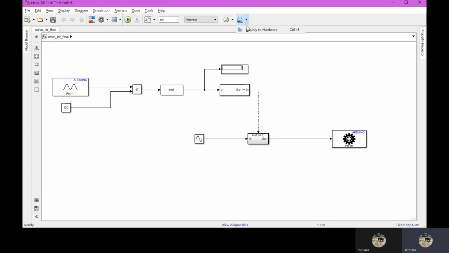Here I am deploying my model to Arduino by using this option deploy to hardware, and now as you can see it is compiling.